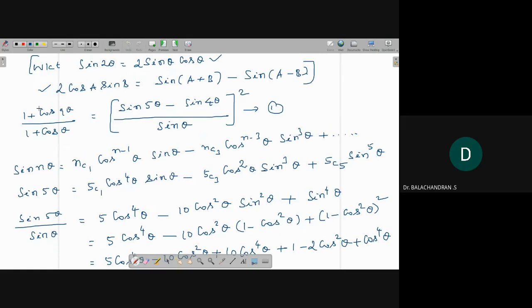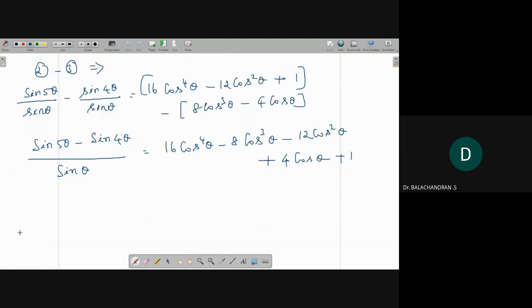Now equation 1, because we have the right hand side value now. So equation 1 implies the left hand side is 1 plus cos 9 theta divided by 1 plus cos theta.